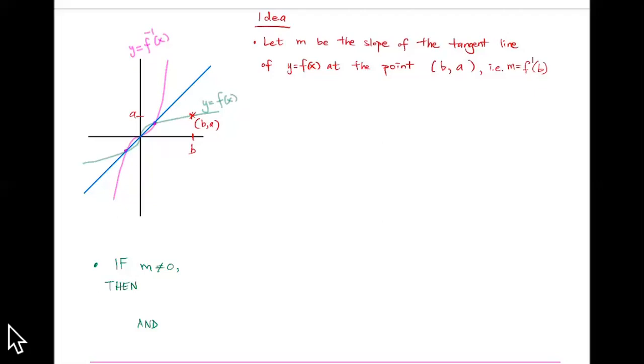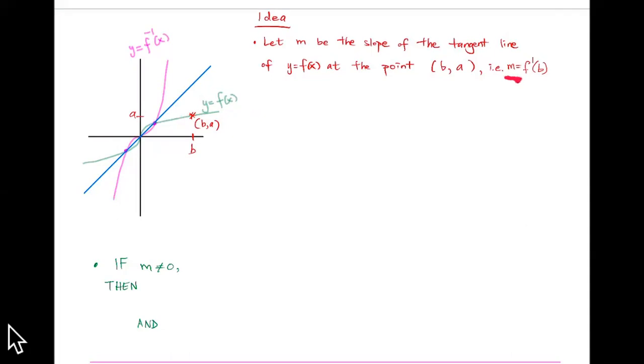So now let's look at these two functions. They are inverses of each other. Let's look at this one first. This is the graph of the original function. And let's consider some point. Let's call it b comma a. So here I want to consider the slope of the tangent line. Call the slope m.